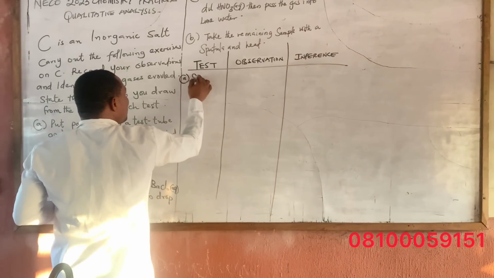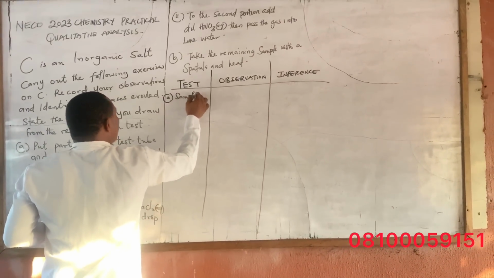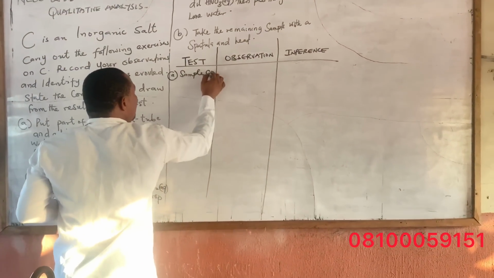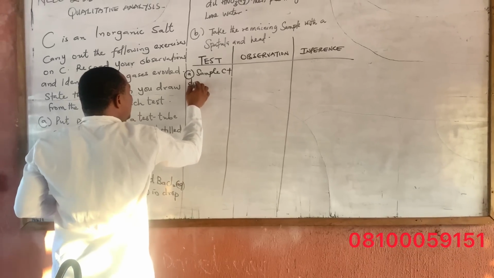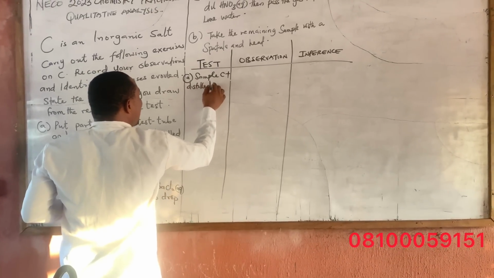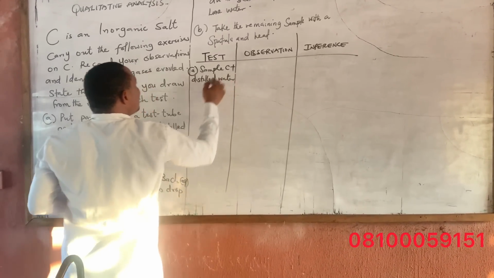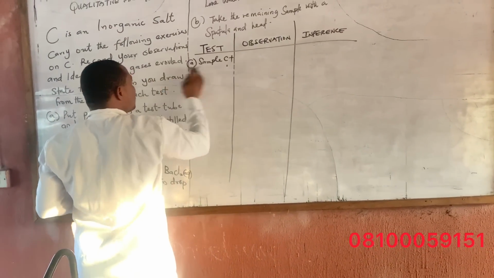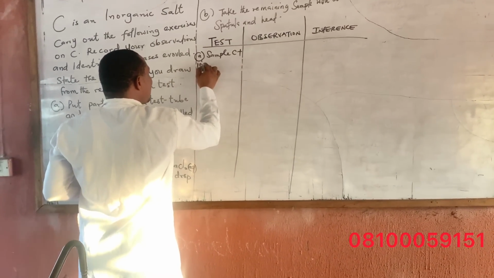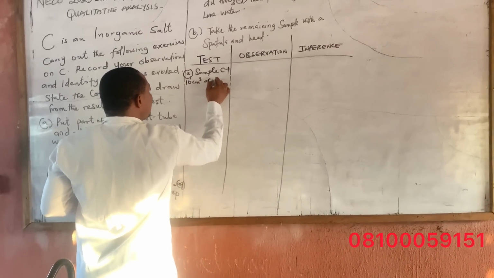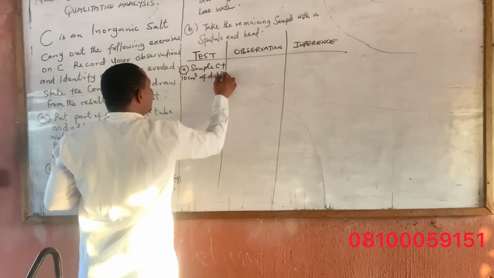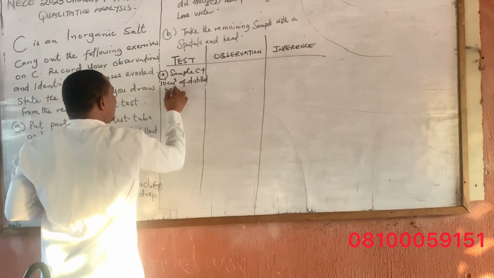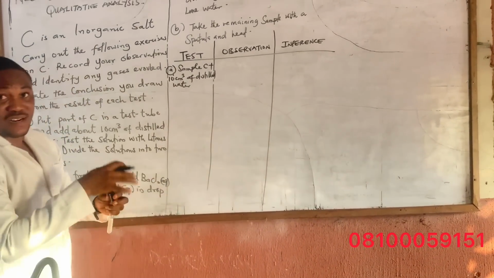So for A, sample C plus 10 cm³ of distilled water. Let me put the 10 according to the instruction. Let's follow the instruction, but I actually use my discretion to add the water.